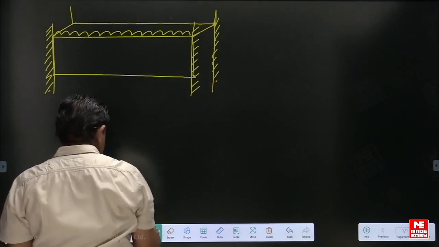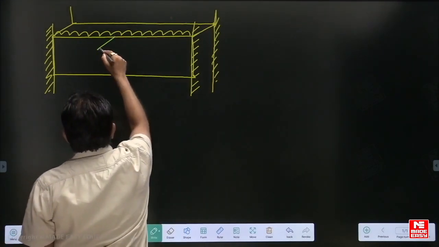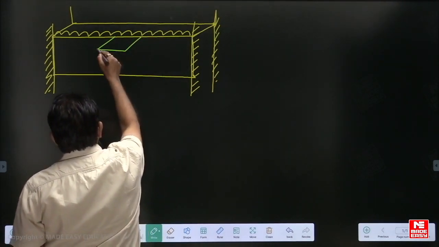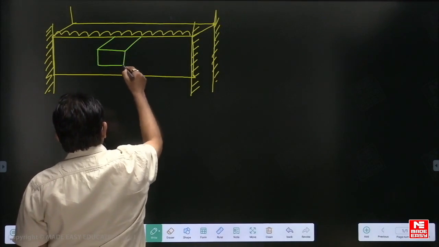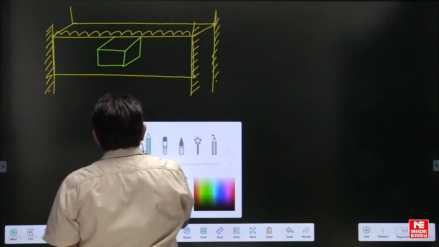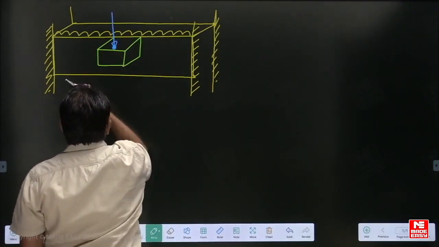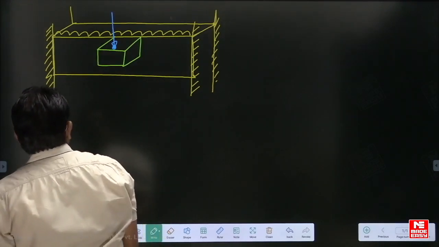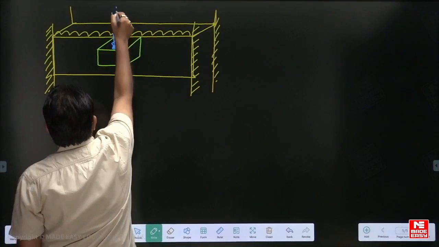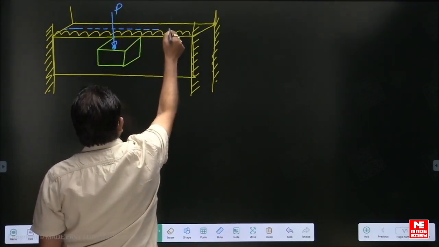Suppose this is your beam, and I put another beam over here in the opposite direction, you can say in the transverse direction to the main beam, and if I put a load on this beam, this is one of the cases when torsional moment gets developed in this main beam due to this load P acting at an eccentricity from this center line.